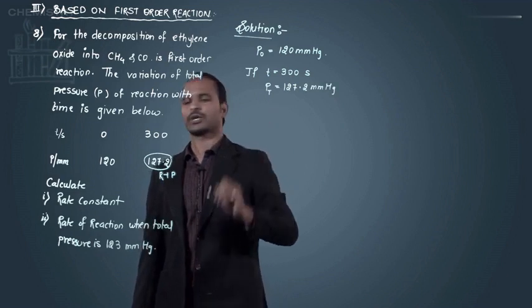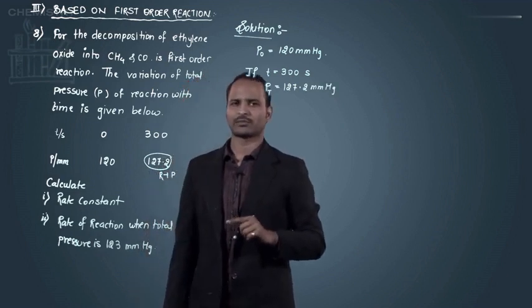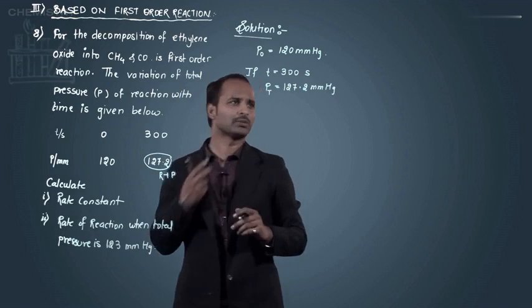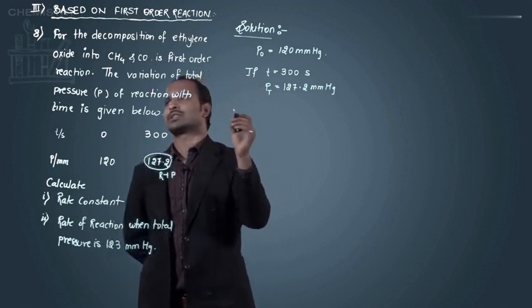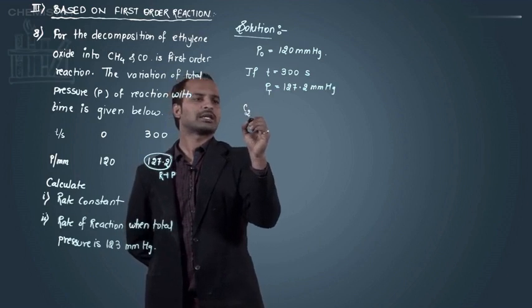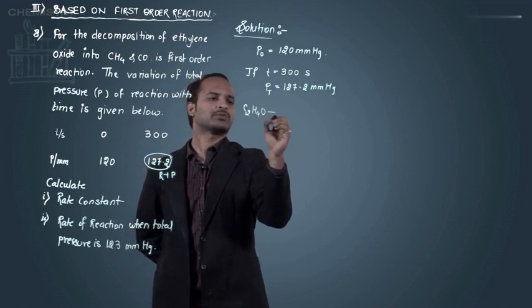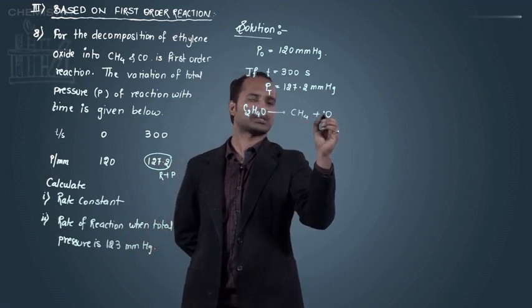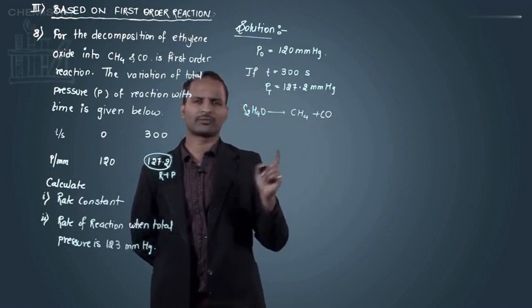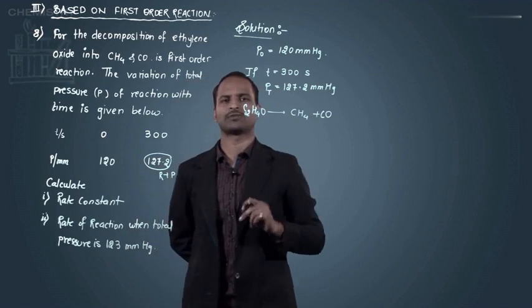This is the total pressure, that is the pressure inside the container, so total pressure. Okay, now here the reaction itself says that there is ethylene oxide, that is C2H4O, which produces methane and carbon monoxide, CH4 plus carbon monoxide. From the reaction I can say that two products are forming.